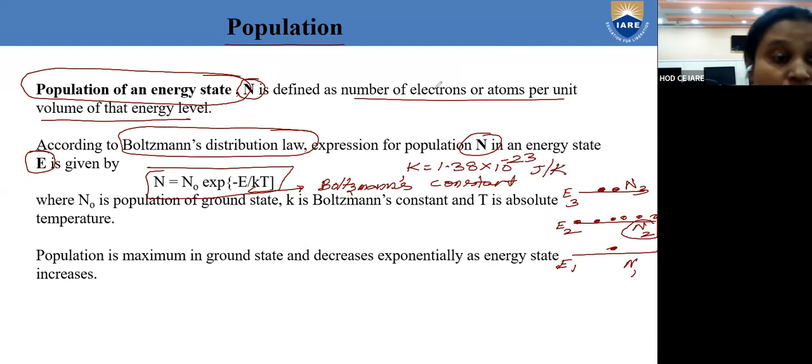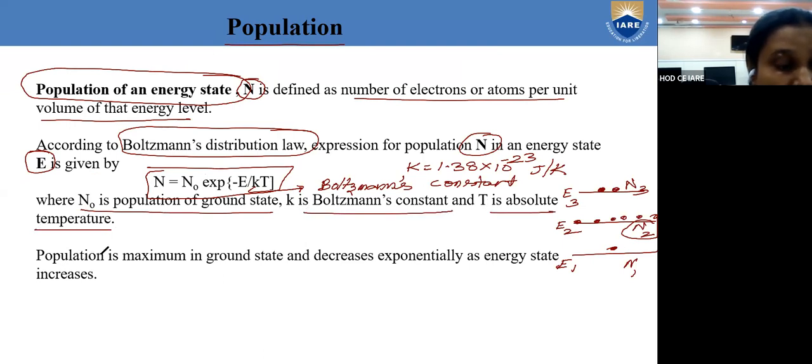N is the population of energy state E, given as N naught into exponential minus E by KT. N naught is the population of the ground state, K is the Boltzmann constant, and T is temperature.